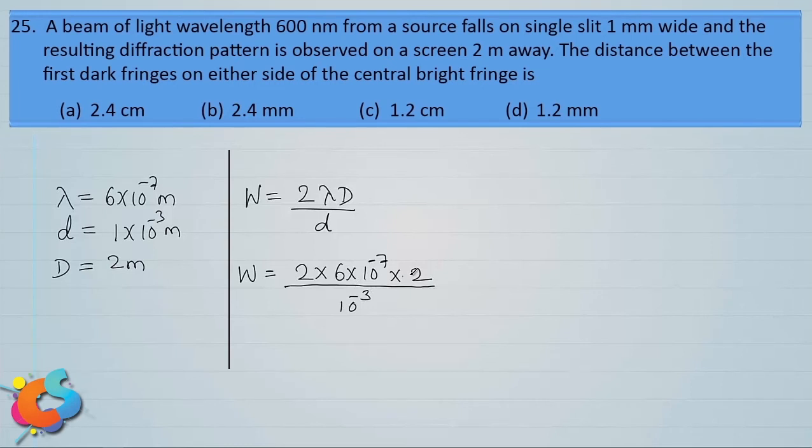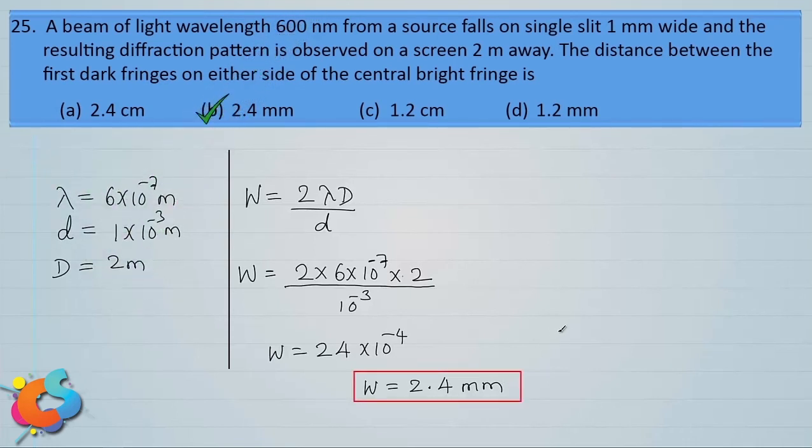So in numerator you have 4 into 6 is 24, 24 into 10 power minus 4 in meter. So you can express this in millimeter. That is 2.4 millimeter. So the width of the central maximum is 2.4 millimeter, and that is the distance between the first minima on either sides of central maximum. Therefore, option B is the correct answer.